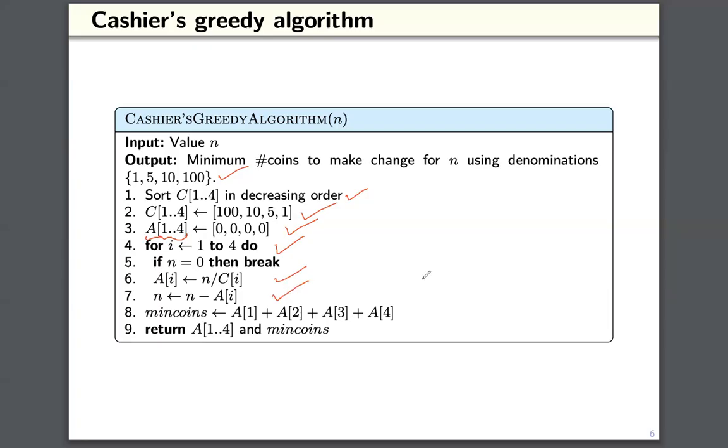Min coins is the sum of all copies of C of 1, C of 2, C of 3 and C of 4. Of course, this is a loose pseudocode, but you can generalize it for different coin denominations and many other cases. I have tried to simplify this code a lot, but you can generalize it later. Make sense? Okay.